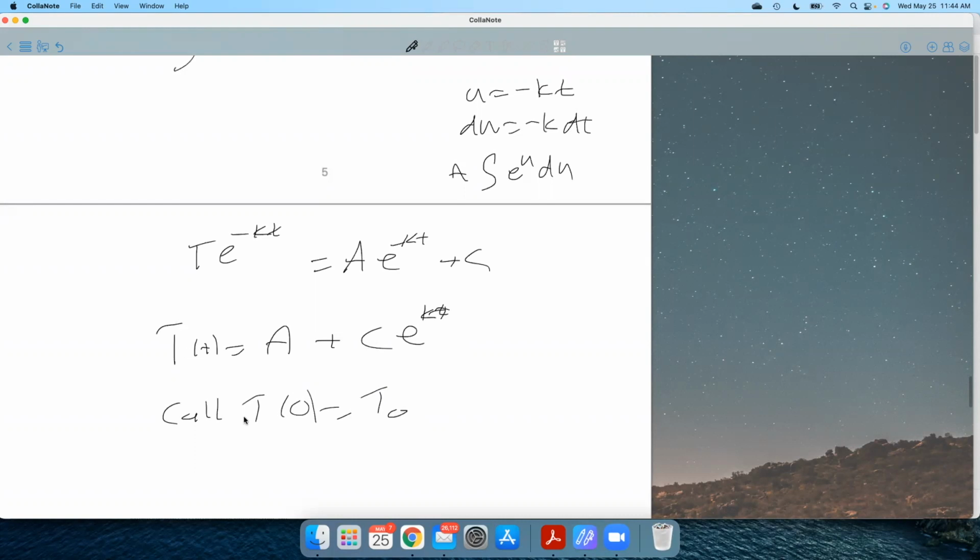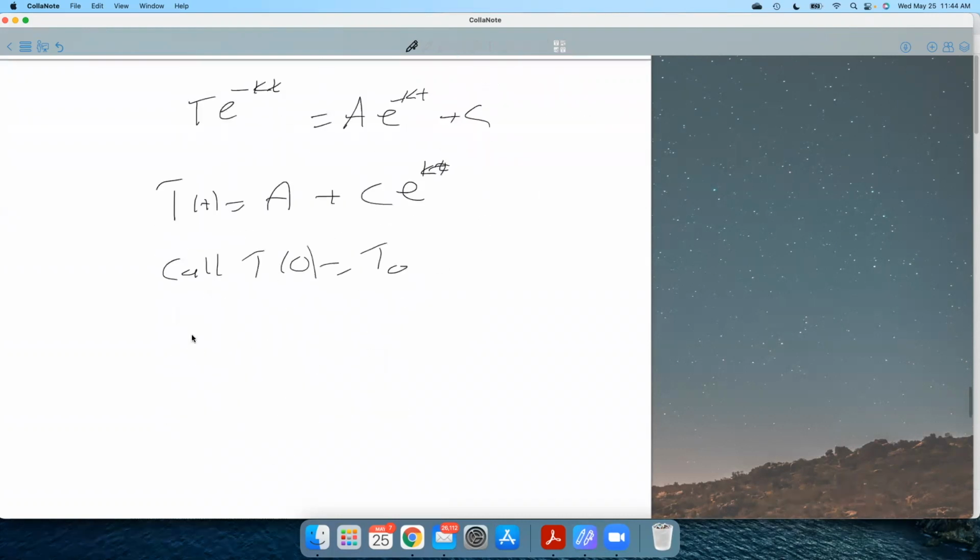Let's solve for C in terms of T0. So T0 should be A plus C e to the 0. E to the 0 is just 1. So C is T0 minus A. So we get this model.